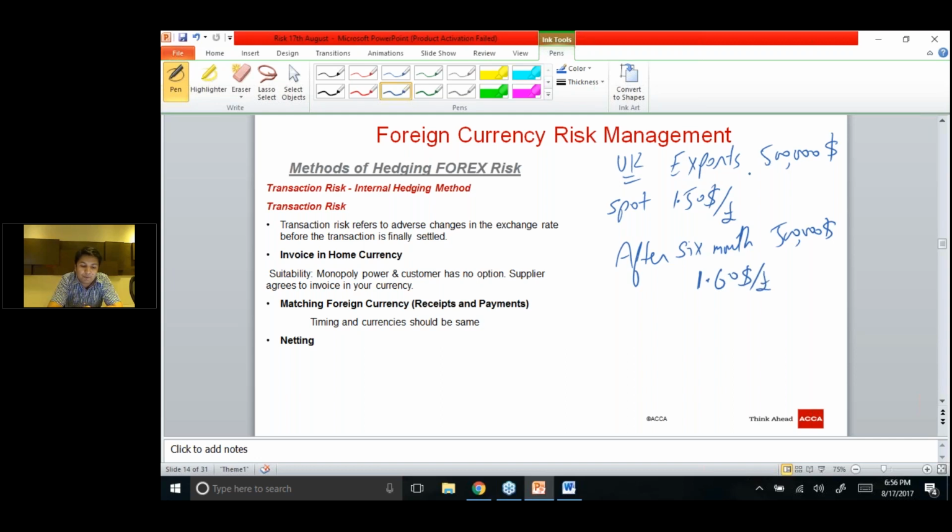Obviously, if you had received that amount at the spot, it would be converted at 1.50, but after 6 months, this amount will be converted at $1.60 per pound. So the adverse movement which you face will result in the loss of some value.